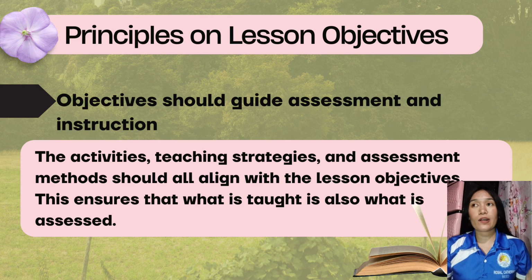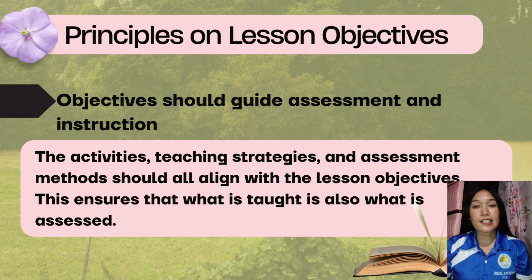This means that our activities, teaching strategies, learning materials, and assessment methods should all be aligned with our lesson objectives. The objectives serve as a roadmap for both the teachers and the learners. For example, if the objective is for students to analyze the parts of plants and explain their function, the teachers would provide activities that allow students to practice analyzing and explaining.